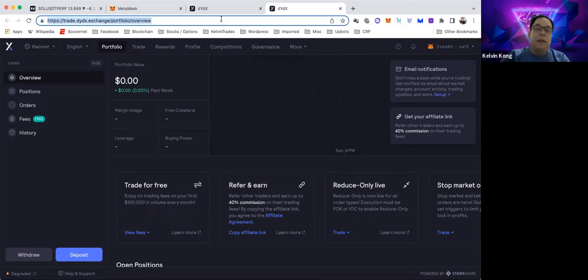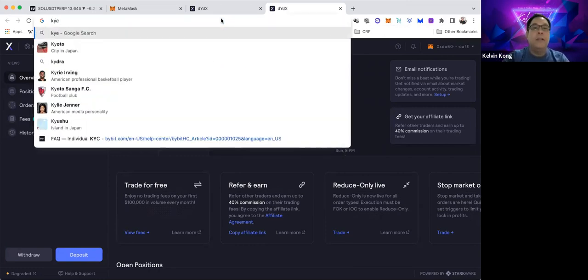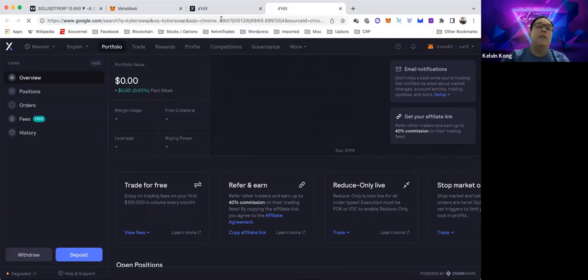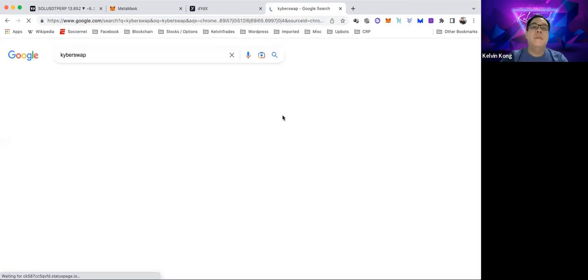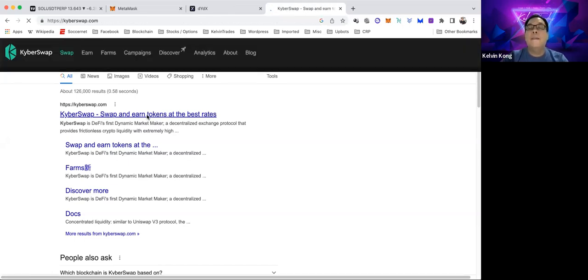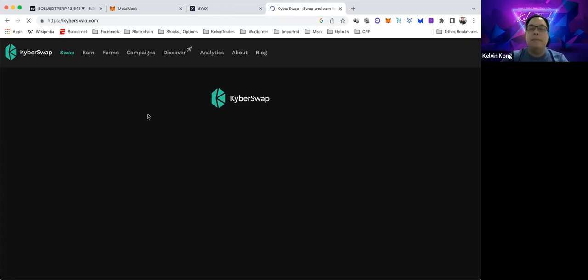I have bought tokens here before, on Kyber Swap. Kyber Swap is also a decentralized exchange, also built under the Polygon Network.